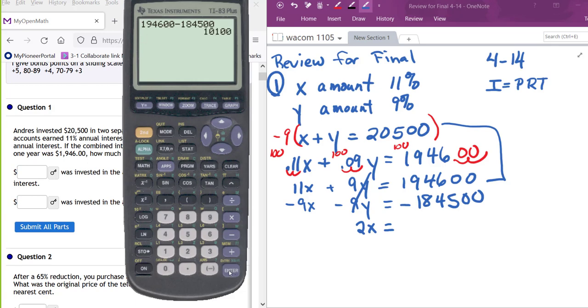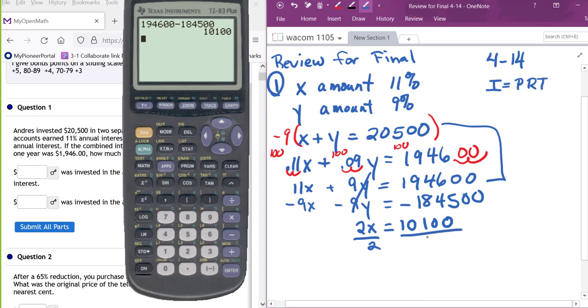Enter. 10,100. And then we'll divide by 2. And that solves for our x.